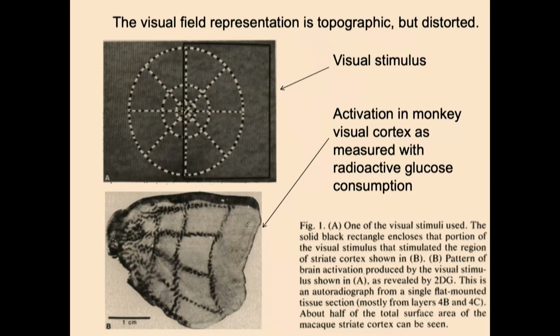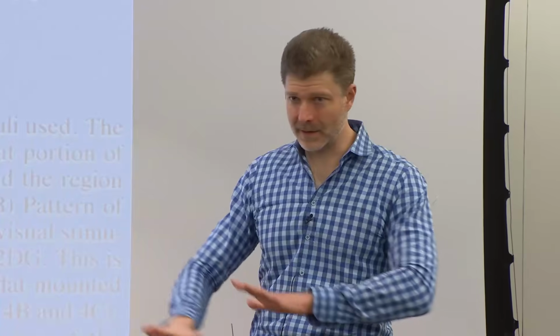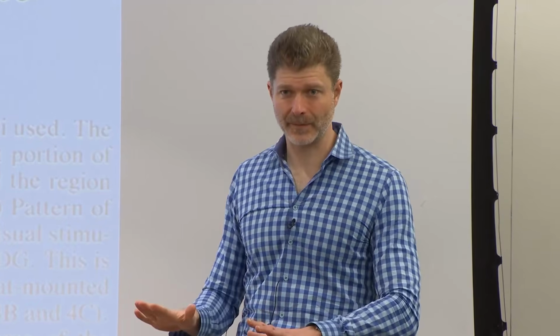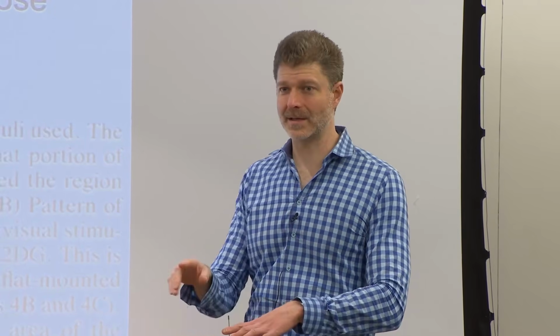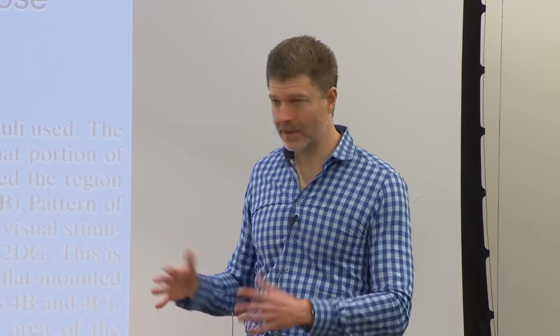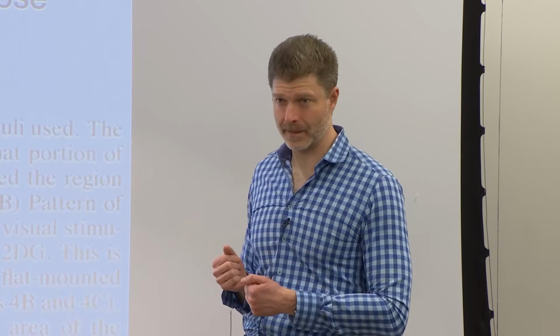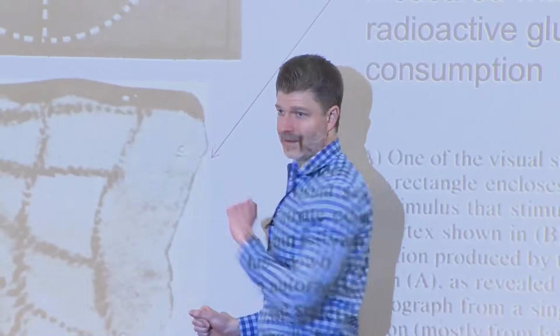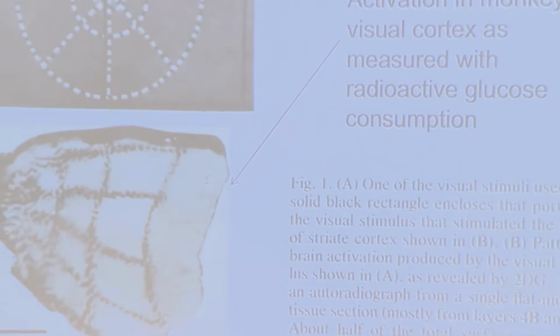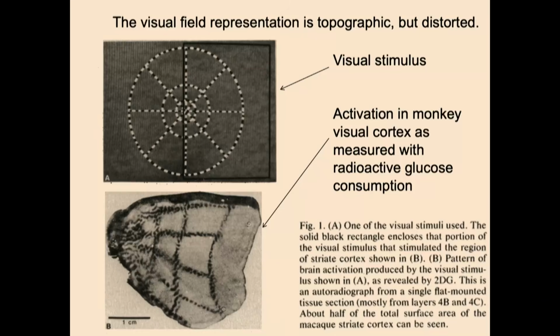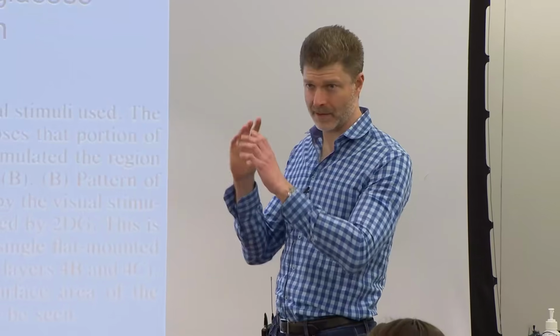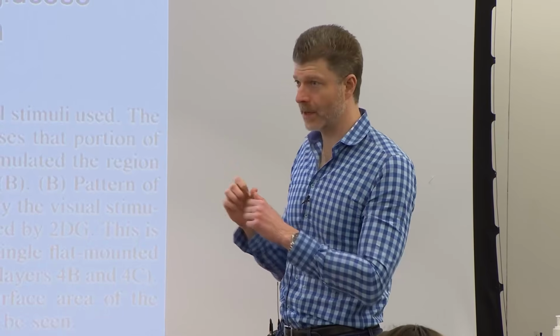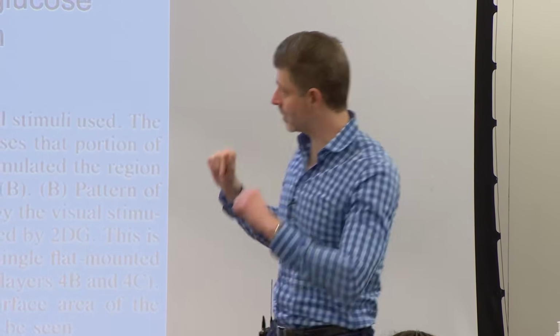They take the brain out and lay it down on some kind of photographic plate. The idea is that the parts of the brain that are radioactive are then going to show up in an image. And so this is the resulting image of a monkey that looked at that. The image the monkey was looking at was a set of rings, flickering bits of checkerboard, spaced out eccentrically.